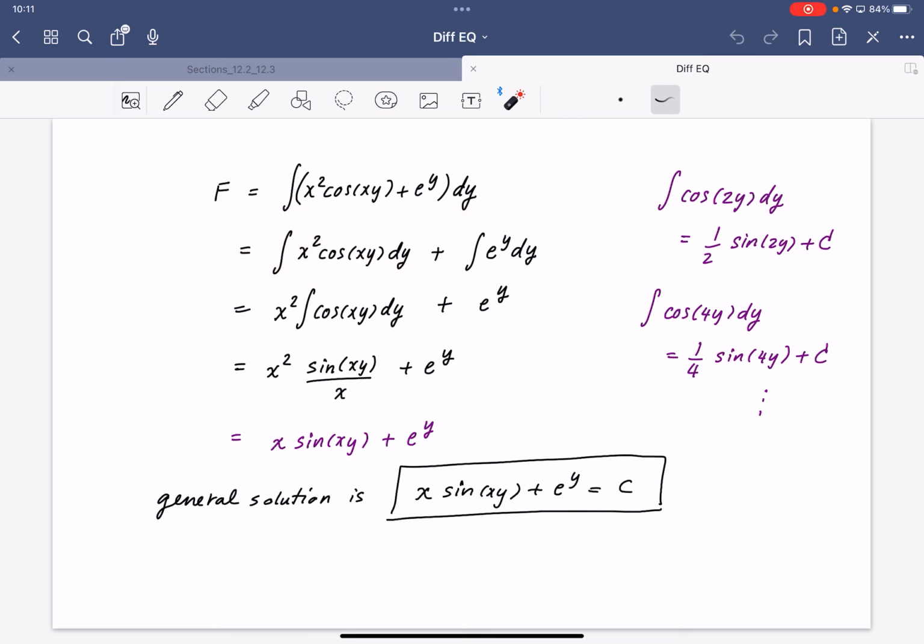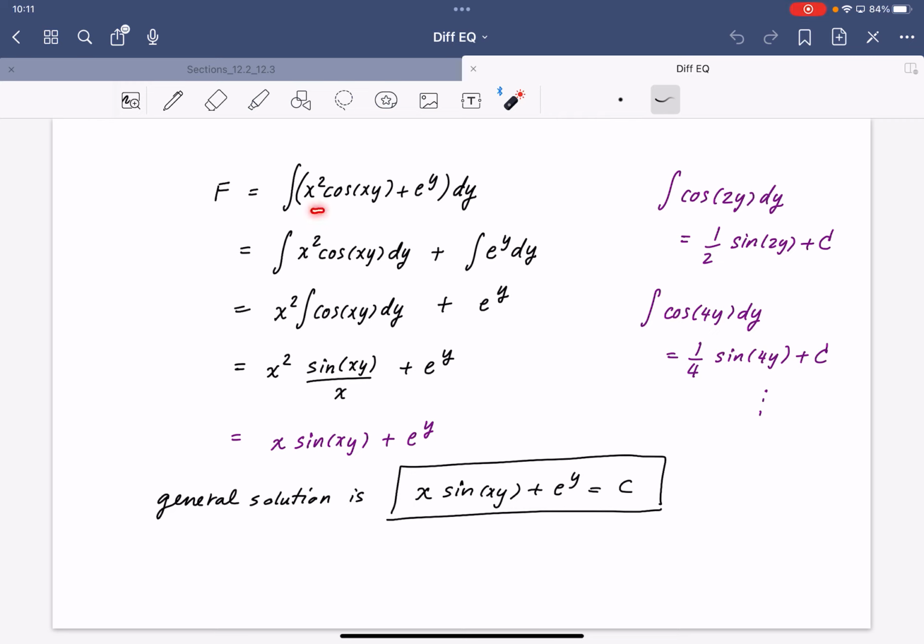This is going to be the part that is a little bit in advance because you haven't learned how to integrate in two dimensions yet, but you can do it pretty quick by just saying that if you integrate with respect to y, you treat x as a constant. If you integrate with respect to x, you treat y as a constant.